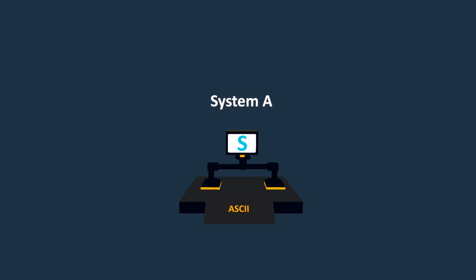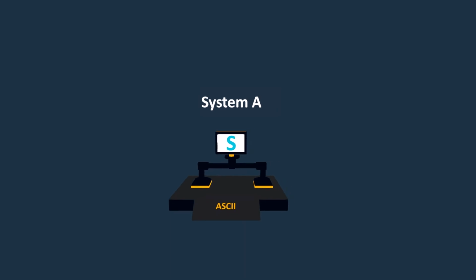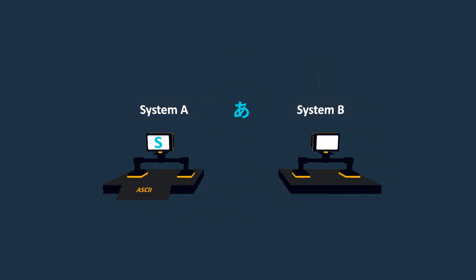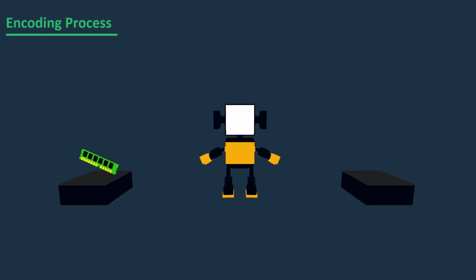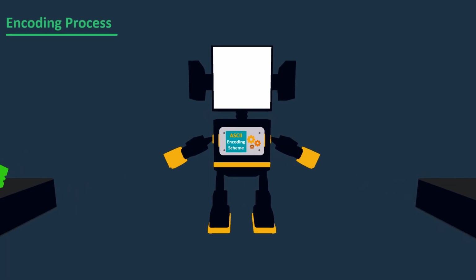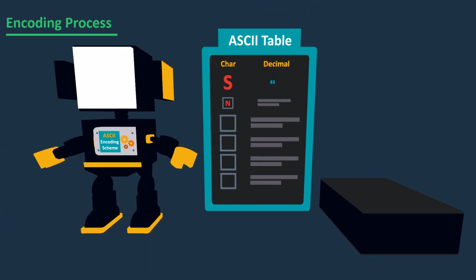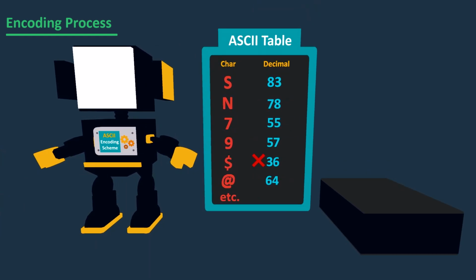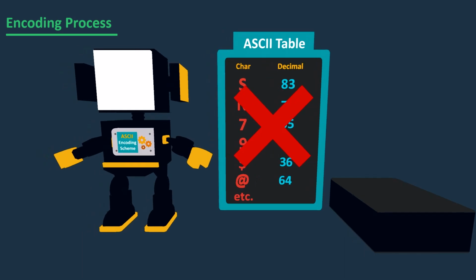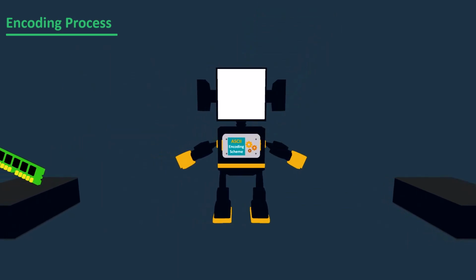Now we have a computer named System A that has the ASCII encoding scheme. But suppose we need to display Japanese characters on a computer named System B. In this case, since ASCII was designed specifically for the English language only, it cannot find the Japanese characters in its table, and because of that, System B cannot display Japanese characters correctly.